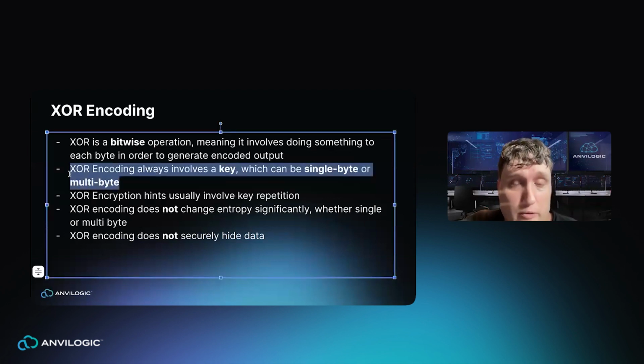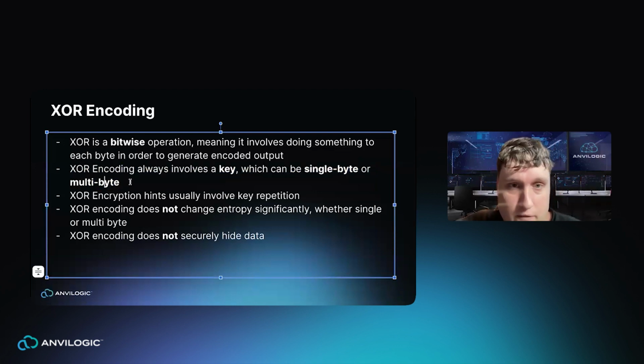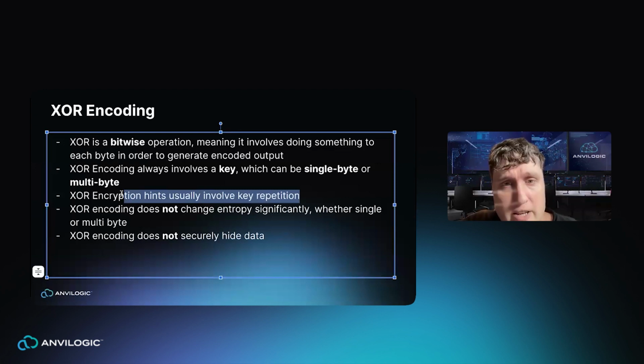XOR encoding is always going to involve a key, and the key could be 1 byte. And if it is, that creates different properties than a multi-byte key, which is like if I wanted to use my name. So the way you can spot XOR encoding is usually repetition, and I'll show you how that looks in hex. It doesn't change entropy.